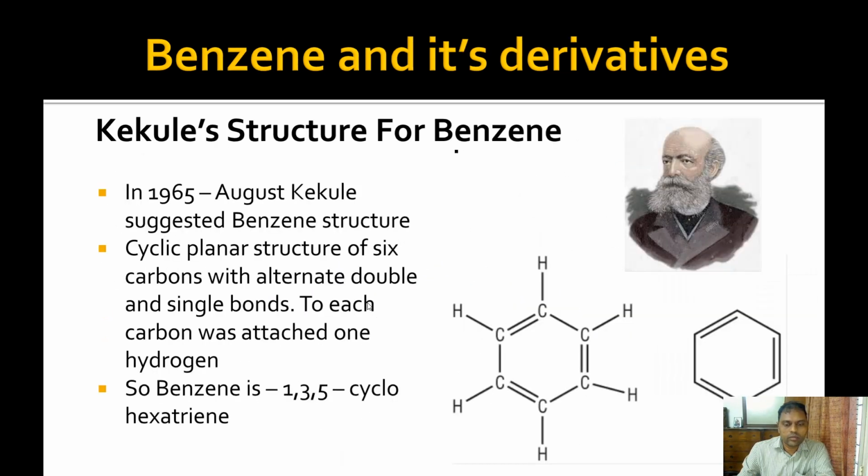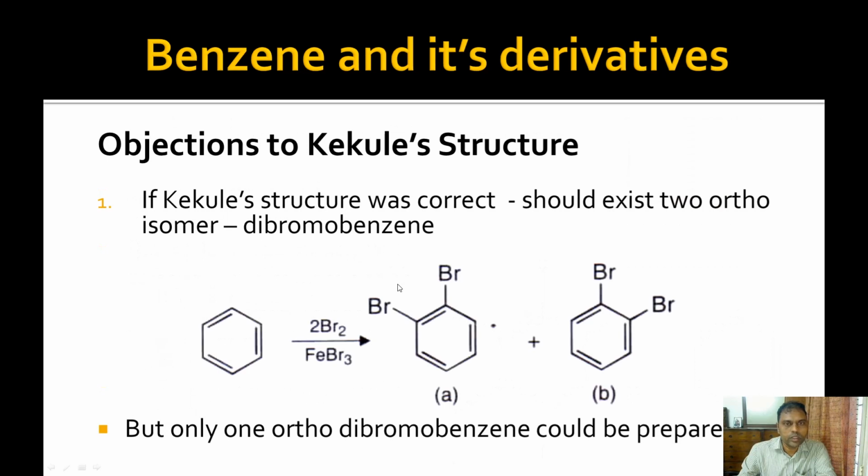Right, then we finally came to Kekule's structure and what Kekule said. Actually, Kekule said benzene is a cyclic planar structure of 6 carbons with alternating double and single bonds, and to each carbon, hydrogens are attached. Then there were objections to Kekule's structure.